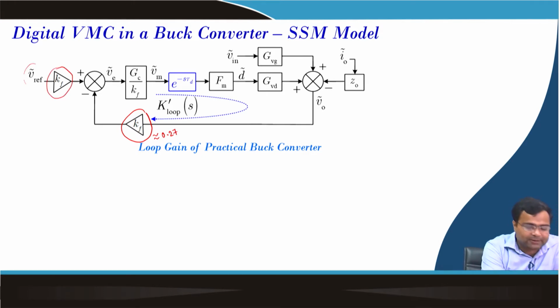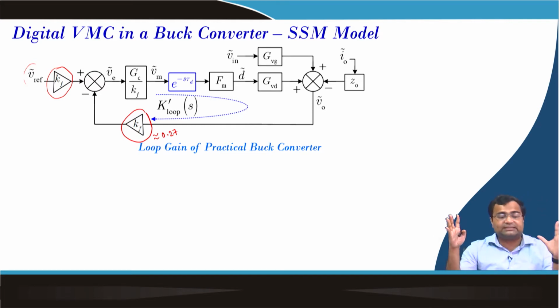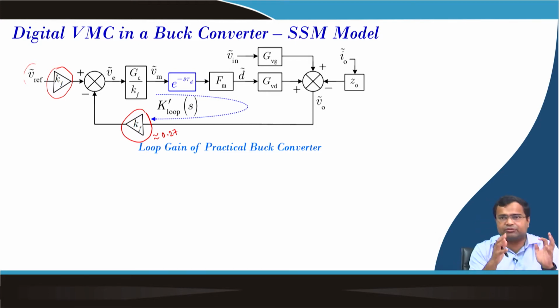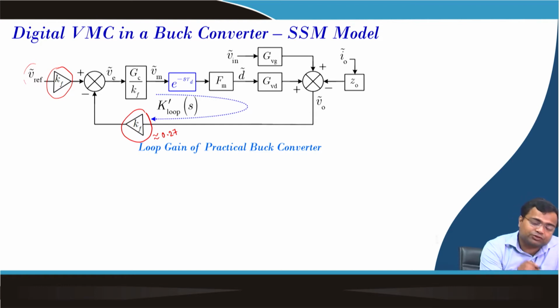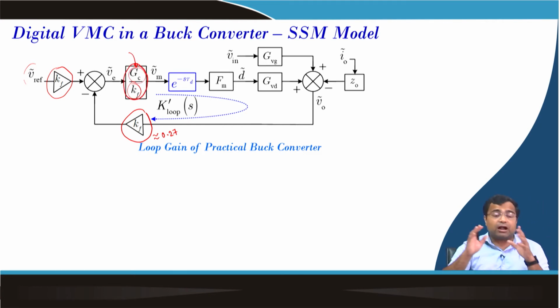If you multiply this whole thing, then kf will get cancelled, and it will be our original design which we considered in week 5, where we had not considered any feedback gain. But here, to be consistent with the hardware, we have considered kf.